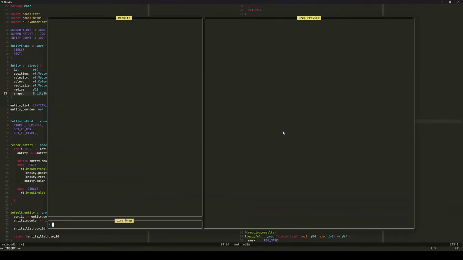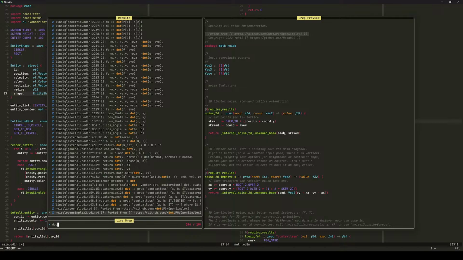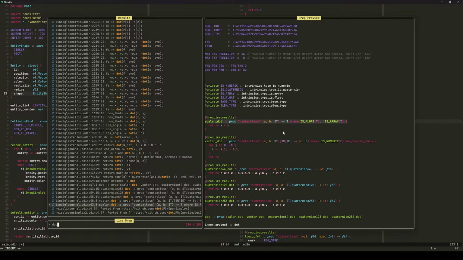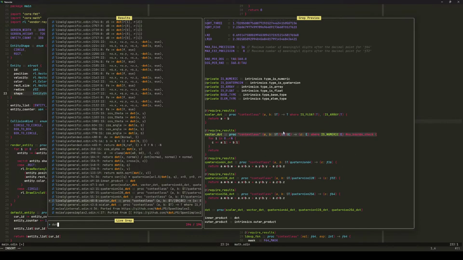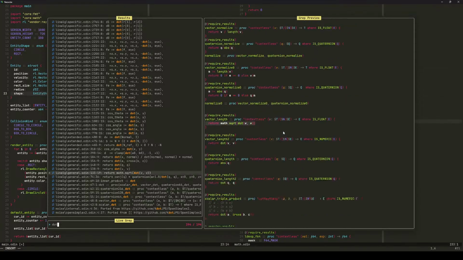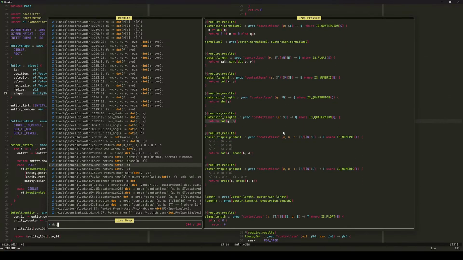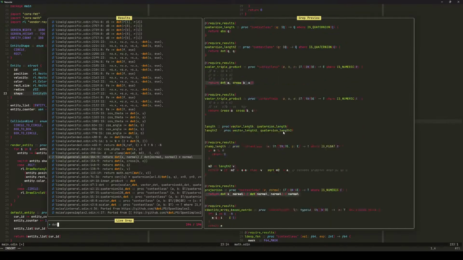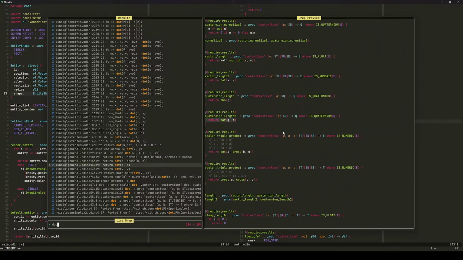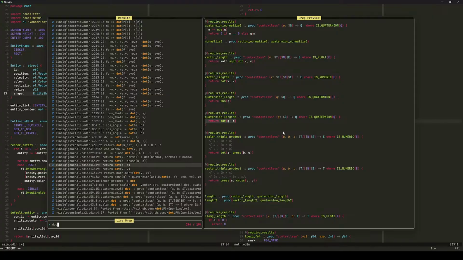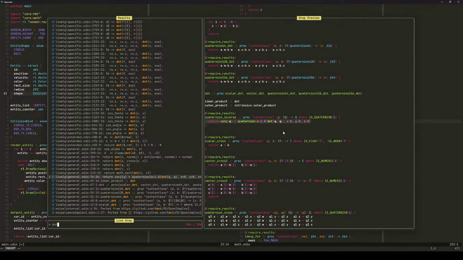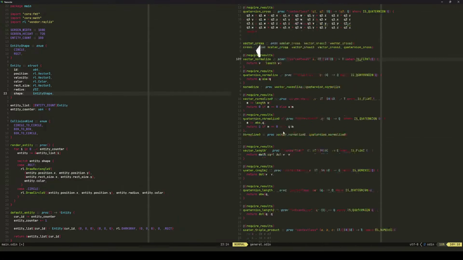Can I do something like this? What is its name? Dot, right? There is. No, it does exist. So why can't I? Yeah, there are vectors.